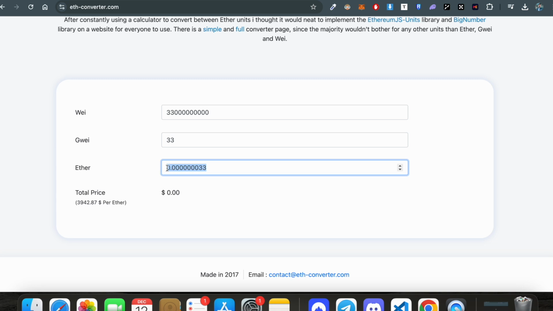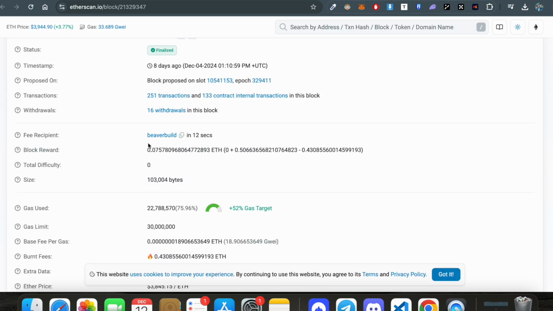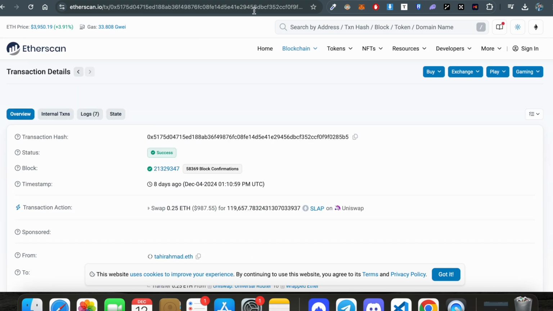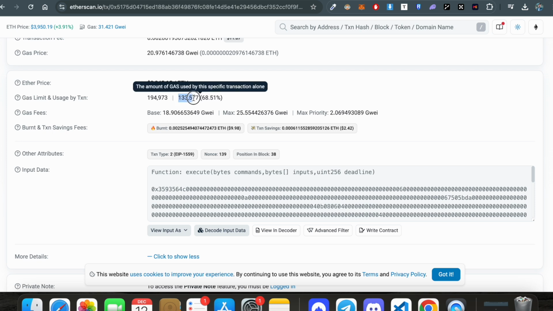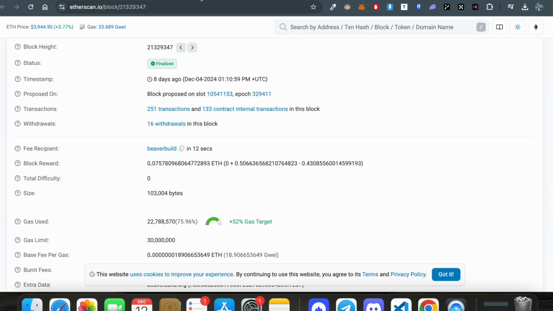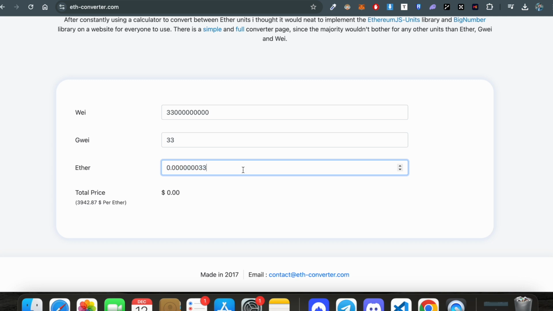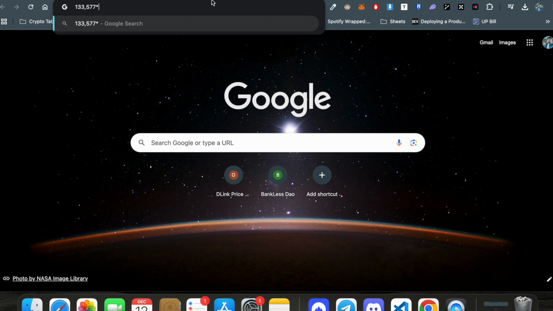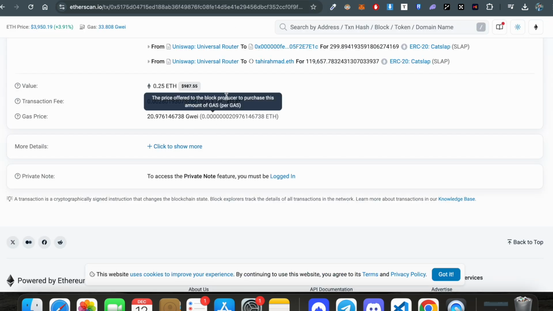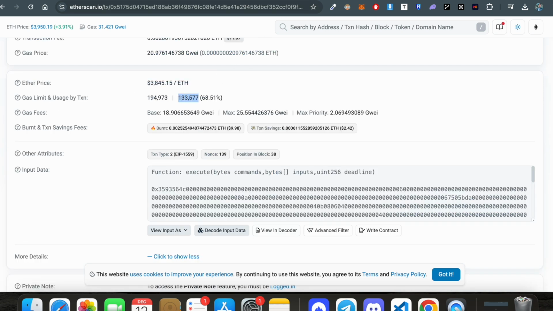This is the price of 1 GUE ETH, and how many gas required to execute this transaction? That is 133,577. So if I multiply this, in very simple mathematics, this much is the total amount of gas required, and this much is the price of ETH.